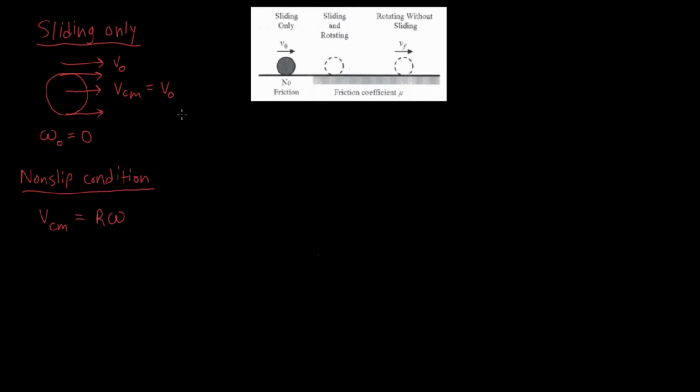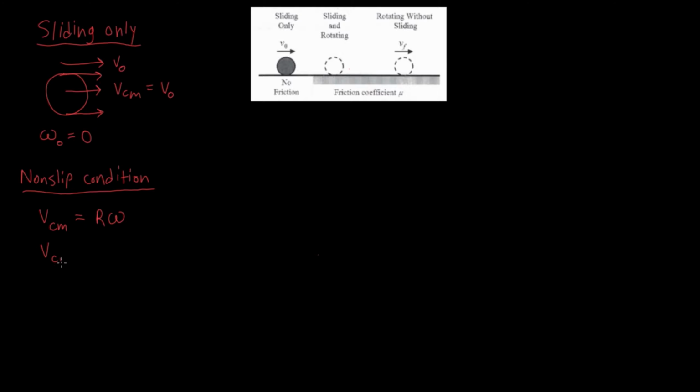So the velocity of the center of mass is just equal to the initial velocity. But remember that we said that the angular velocity is 0. So the initial velocity is equal to the velocity of the center of mass, but the angular velocity is equal to 0 since it has no rotation.